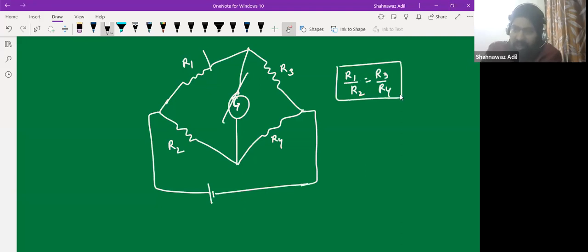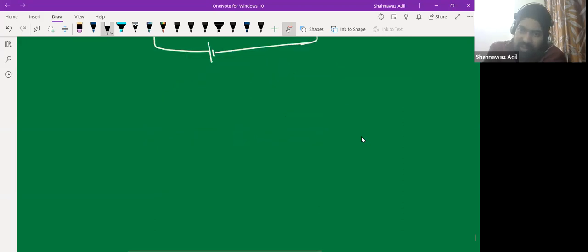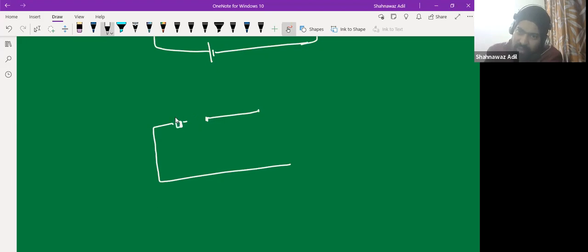And then in the meter bridge, what is the case? In the meter bridge, you have these two point junctions, and then you have this meter scale. This one is connected to some resistance, and this one is connected to some resistance.